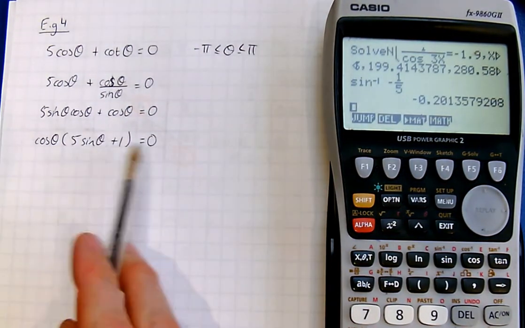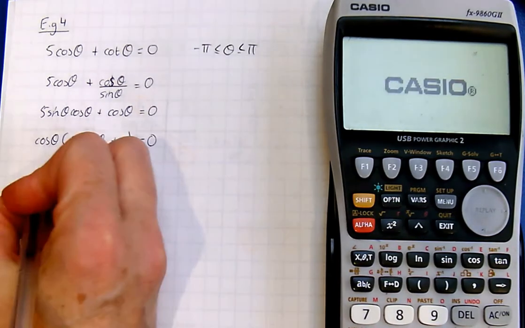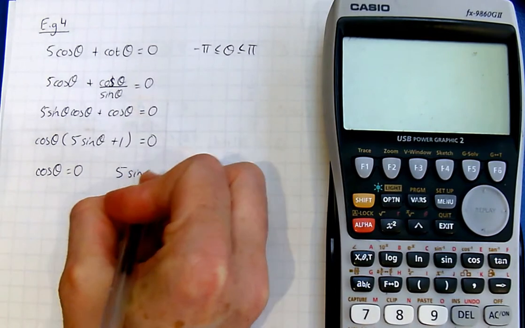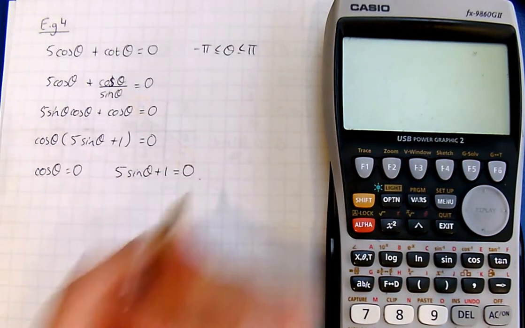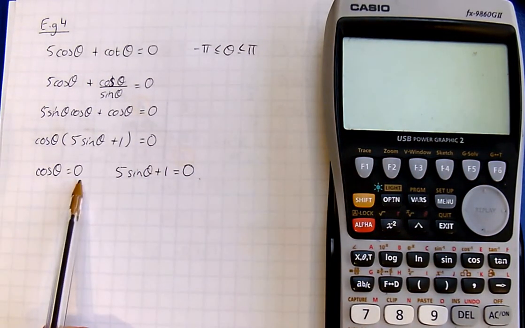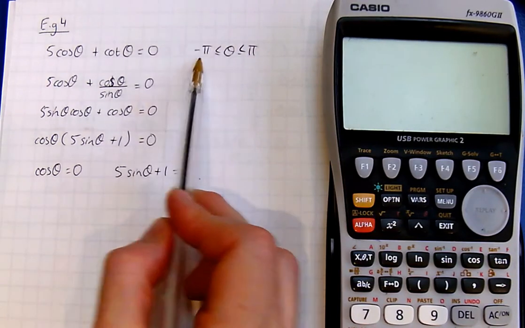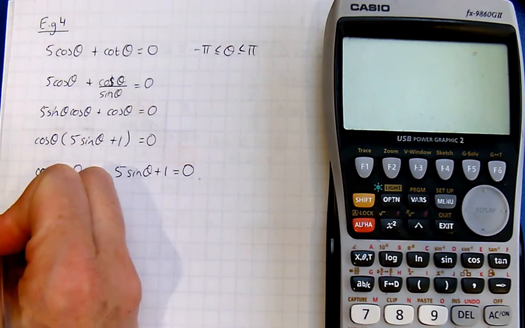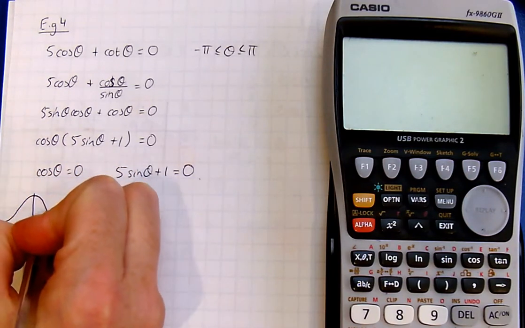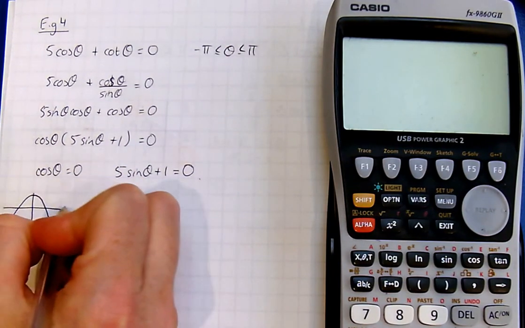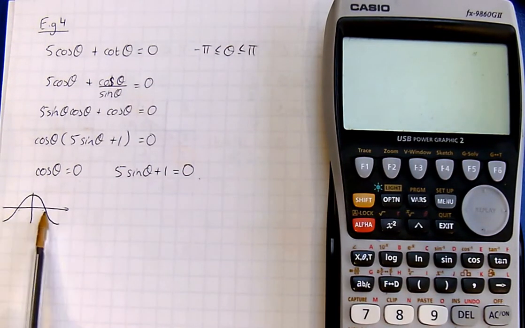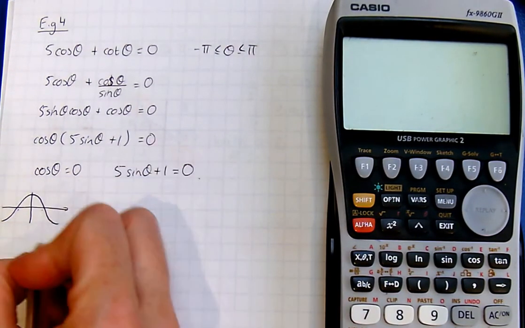So we know that each of these can equal 0. So solving cos theta equals 0 in this range, I can just think about my cos graph. Okay, then cos theta is 0 at minus pi over 2 and plus pi over 2.